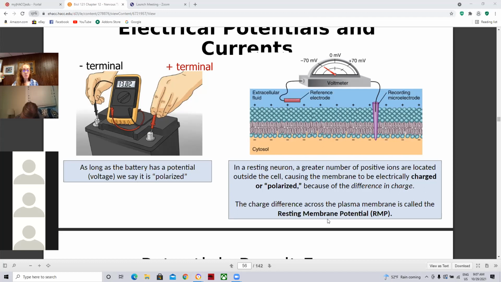So it's the amount of potential energy you have within that separation of charge. Guys, this is a really important concept because we're going to see it over and over again until the end of this semester.